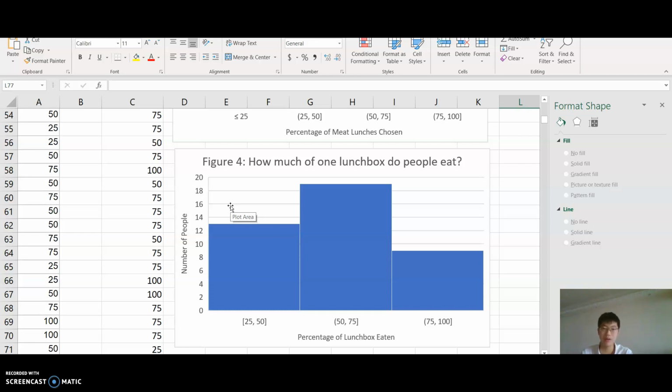If you think about this whole area here, all of these people are wasting food. Only these people, only about 9 people out of about 40 people, so I'd say 25%, actually eat all of their food.